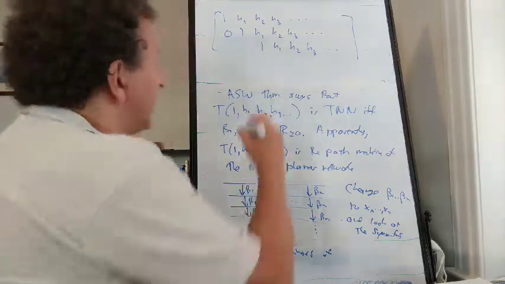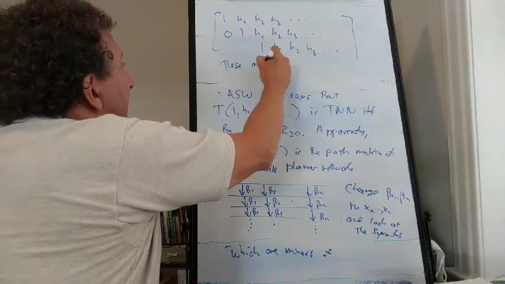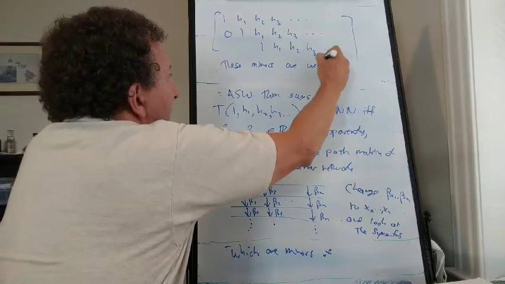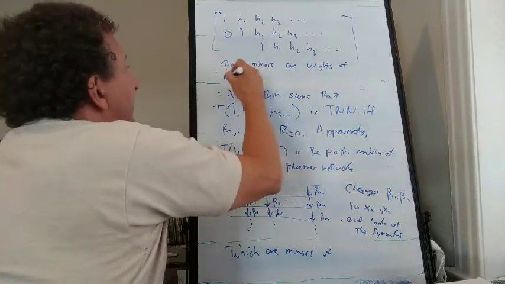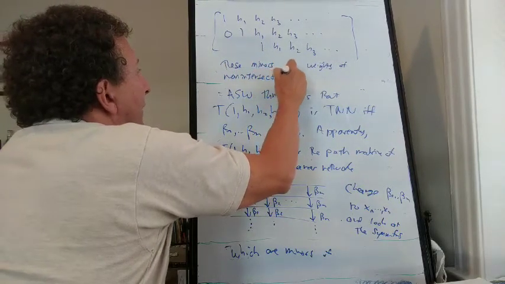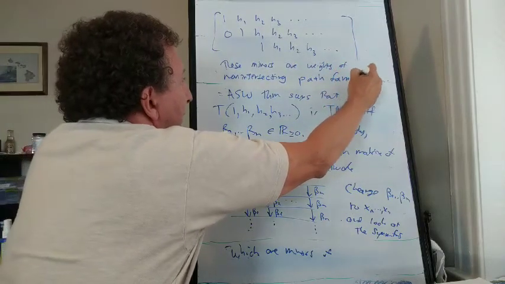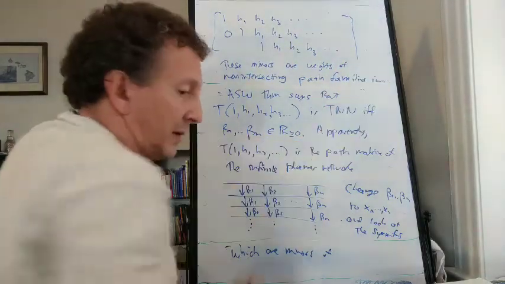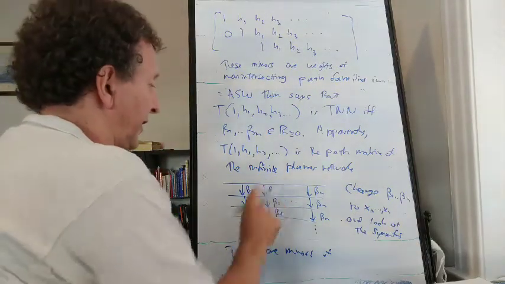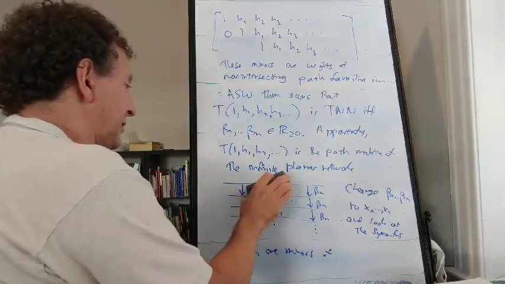So again, these minors are weights of non-intersecting path families in this planar network where we change the betas to x's. So let me just use this again and I'll change the betas to x's.